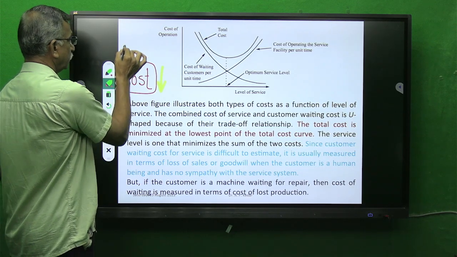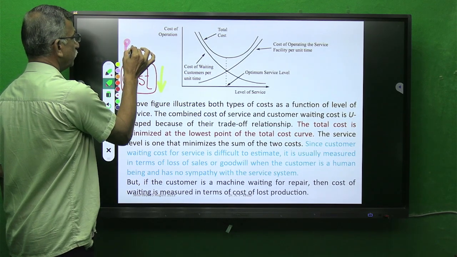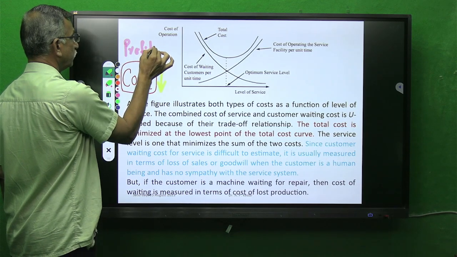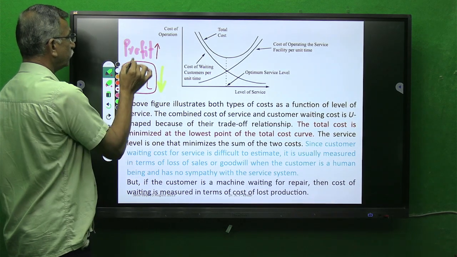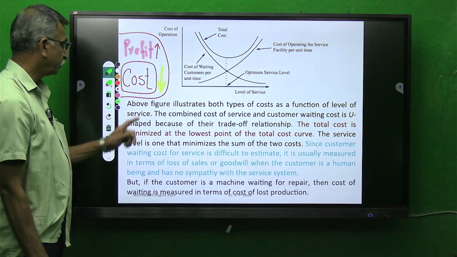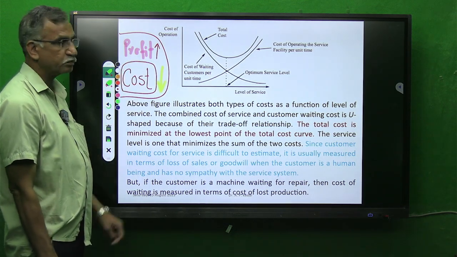Then only you will increase your profit. So I want to grab these two aspects, reduce cost and increase profit.